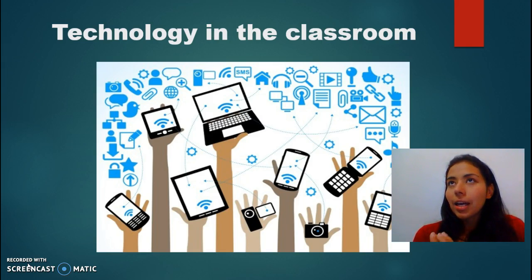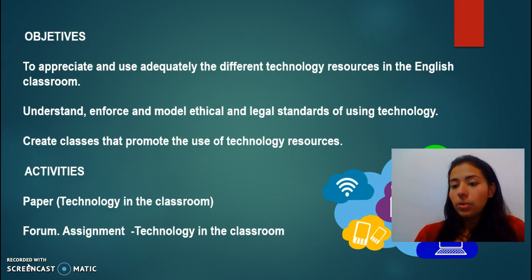The teacher can teach English to the students. In this unit I have three objectives. The first objective is to appreciate and use adequately the different technology resources in the English classroom, understand and enforce the modern ethical and legal standards of using technology, and create classes that promote the use of technology resources.